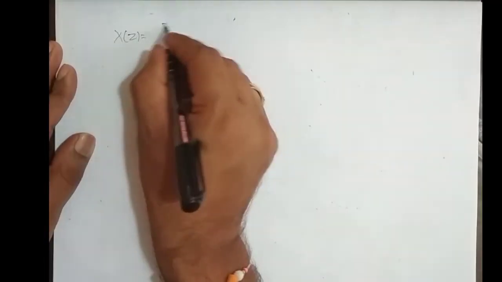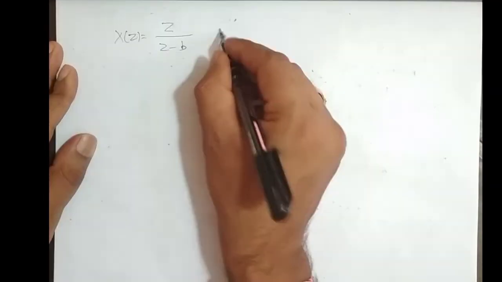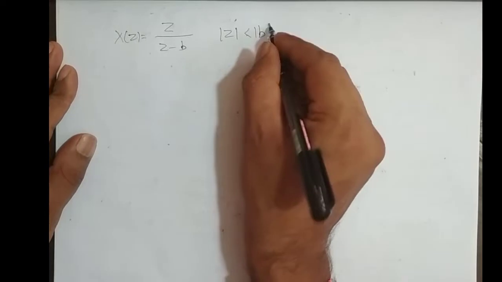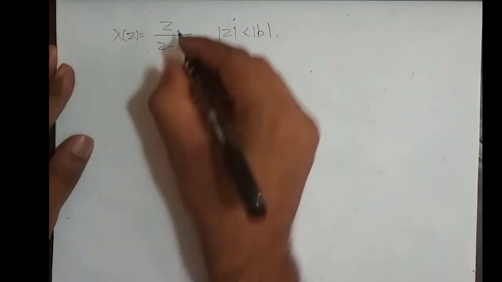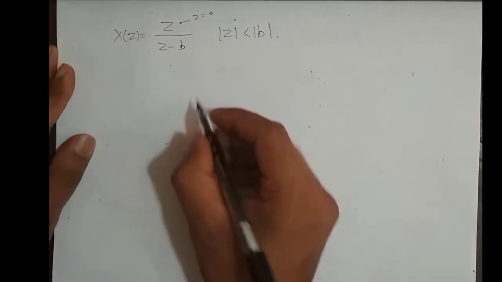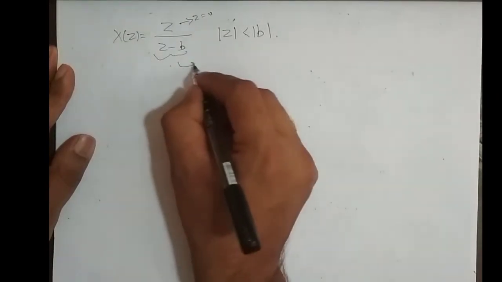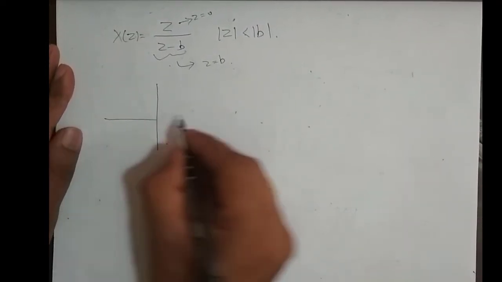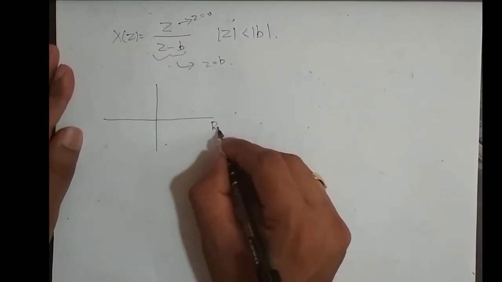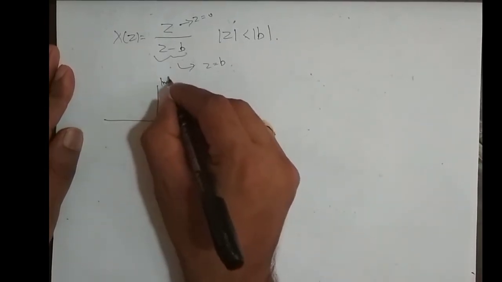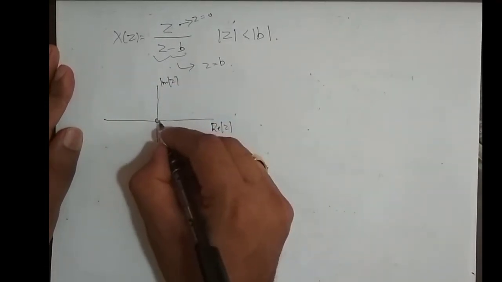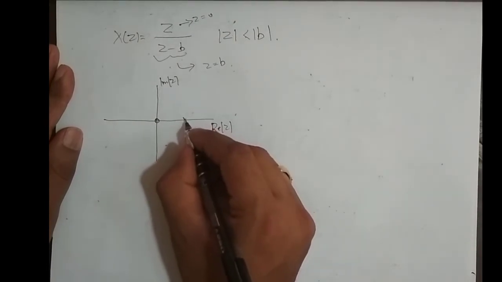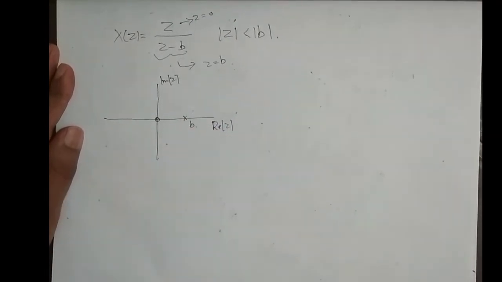If I take it to the z plane, so what is x of z? X of z was z divided by z minus b, and magnitude of z is less than magnitude of b. Now at z equal to 0, I have one zero. In this case, z is equal to b, I have one pole. So if I take it to the z plane, real part of z, imaginary part of z. At z equal to 0, I have one zero. At z equal to, say this is b, I have one pole.